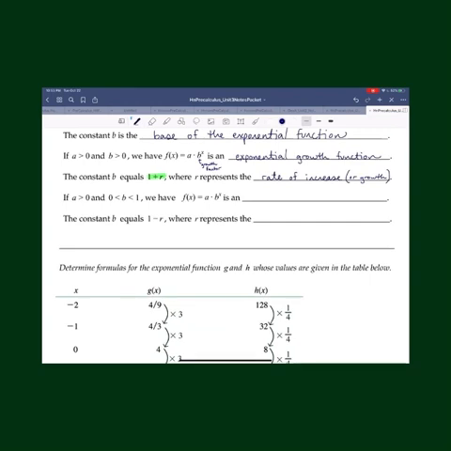If a is positive and b is between 0 and 1, we have that f of x equals a times b to the x is an exponential decay function.